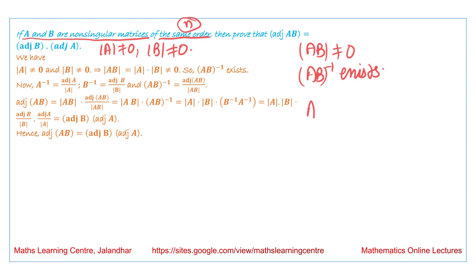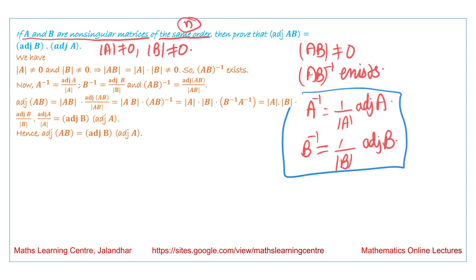Now, if we are writing A inverse, that is equal to 1 over determinant of A into adjoint A. If we are writing B inverse, it is 1 over determinant of B into adjoint B. These formulas we have already seen, and how we have calculated these formulas, we know. Now, if we are writing AB inverse, that will be equal to adjoint of AB divided by determinant of AB.